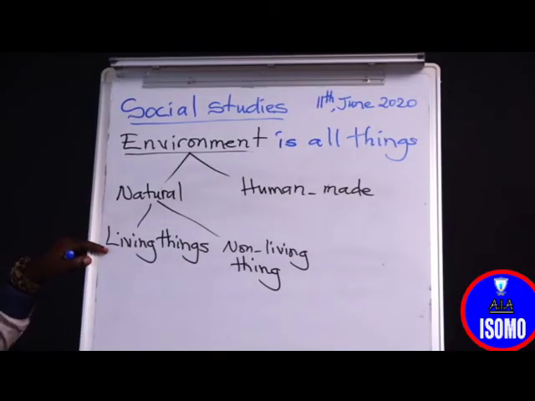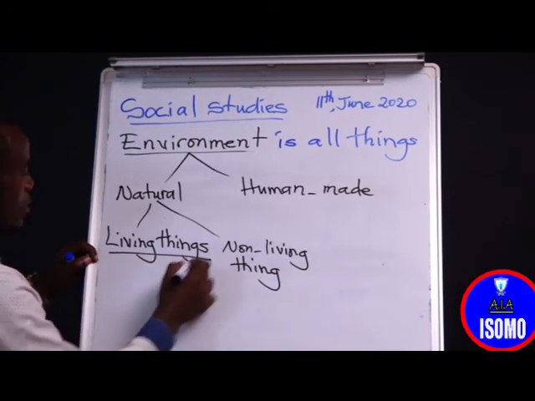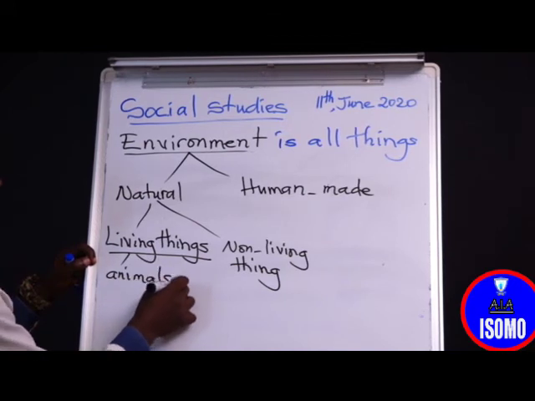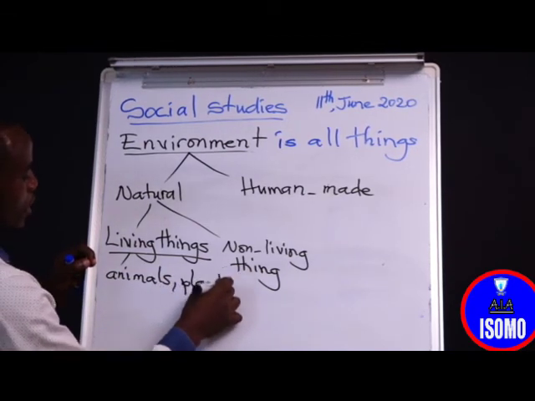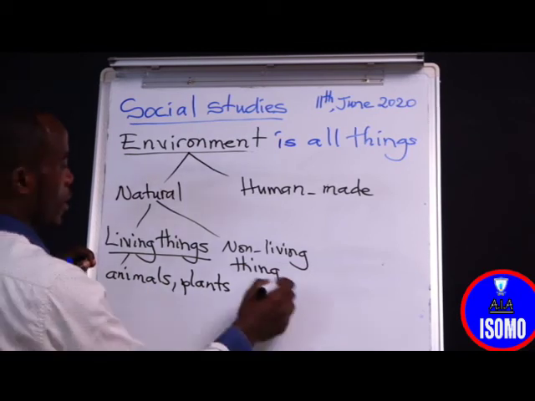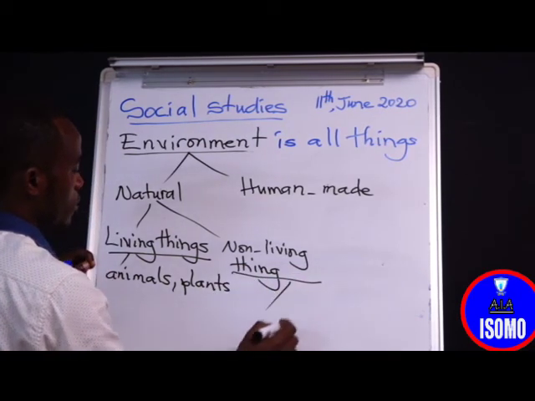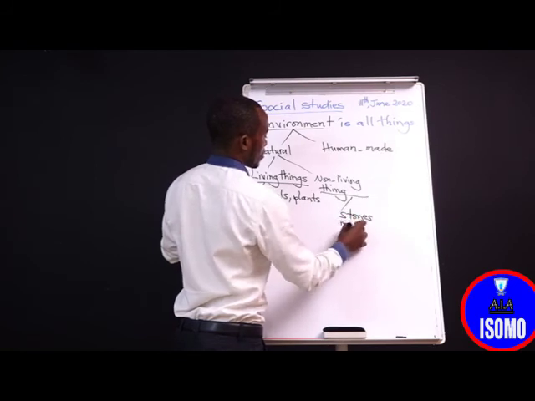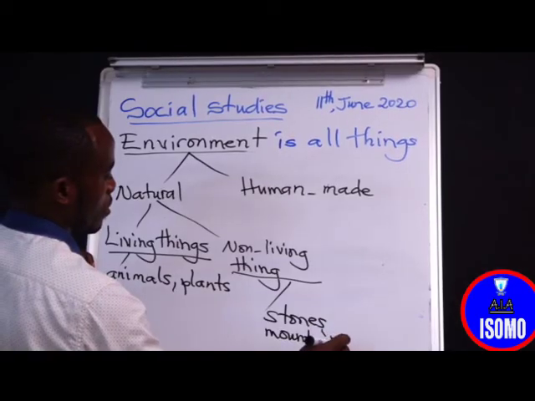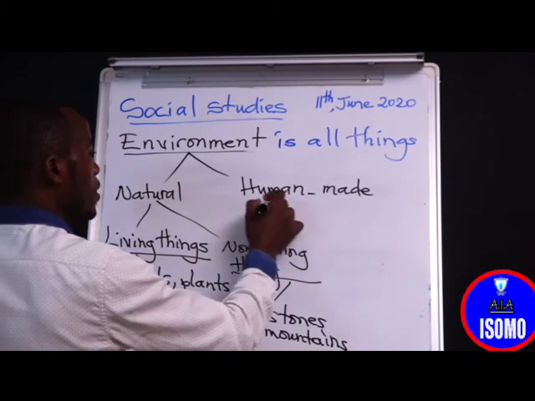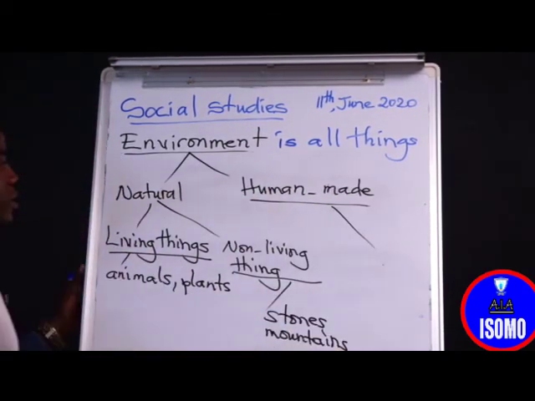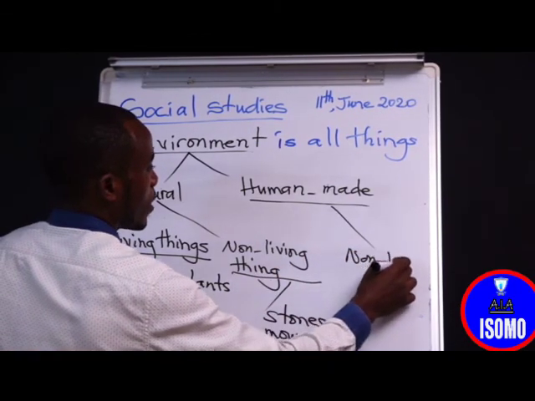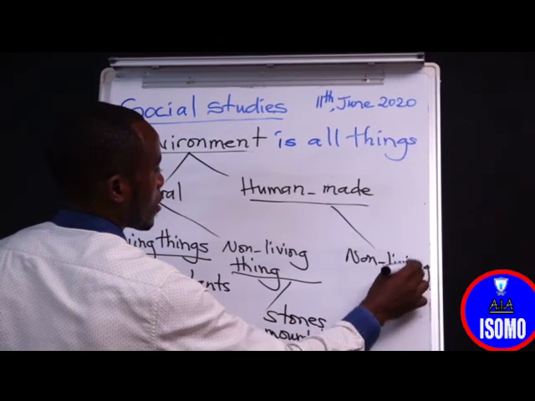In these things made by God, we have living things like animals and plants. In these non-living things, we have stones, mountains, and so on. But in this human-made environment, it only has non-living things.